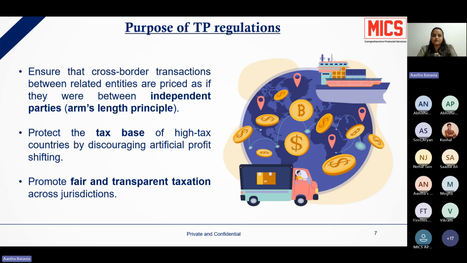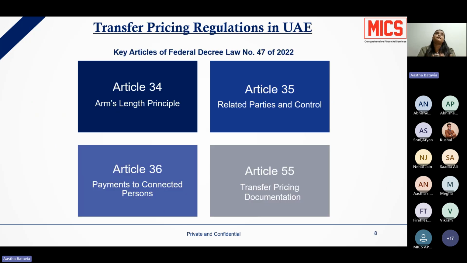Now let's move on to related parties. Before that, let's understand the key regulations in the UAE. The federal tax law has about 70 articles, but there are only 4 main articles for transfer pricing purposes. Let's understand with an example.